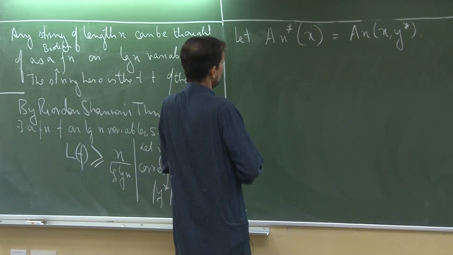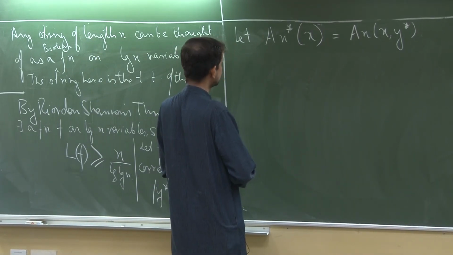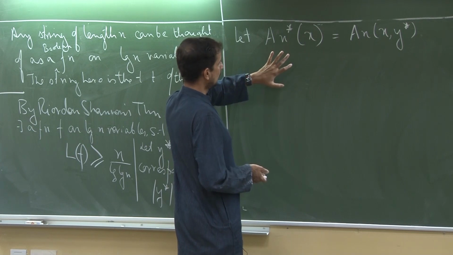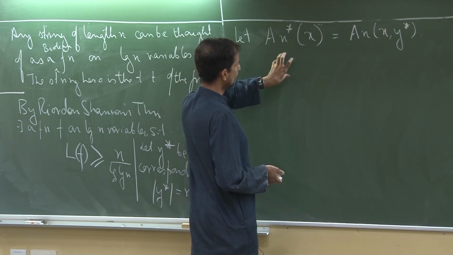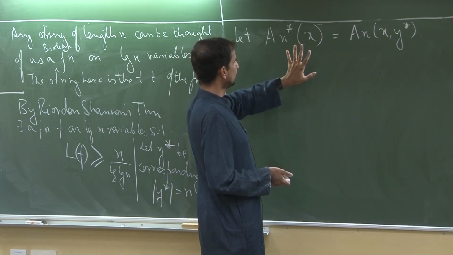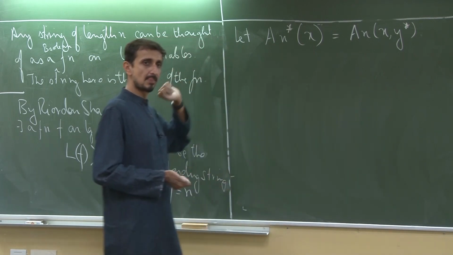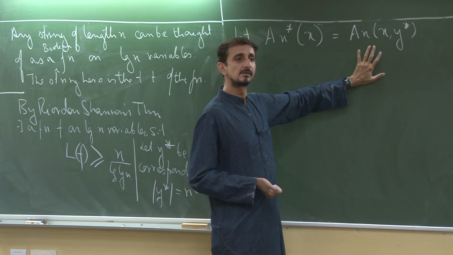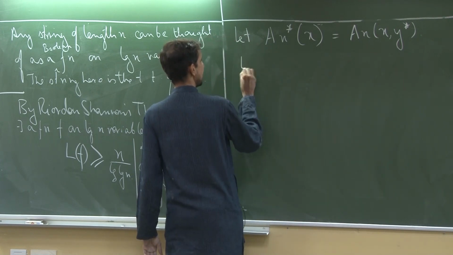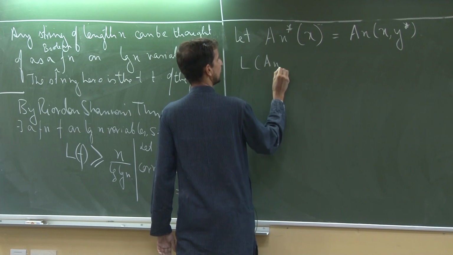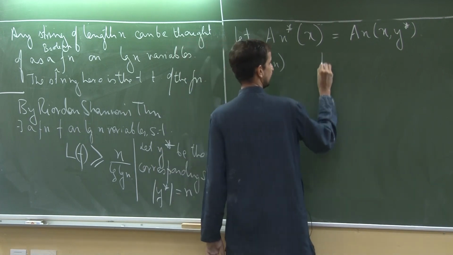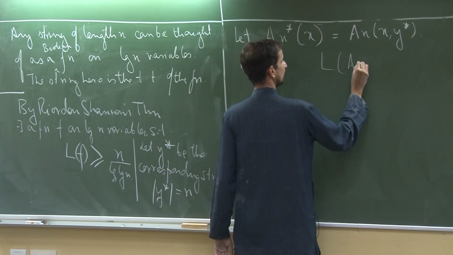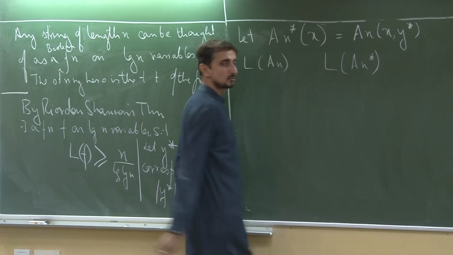Now, what can I say about the formula complexity of a n star, or of a n? If I look at L of a n and L of a n star, how do these two compare?